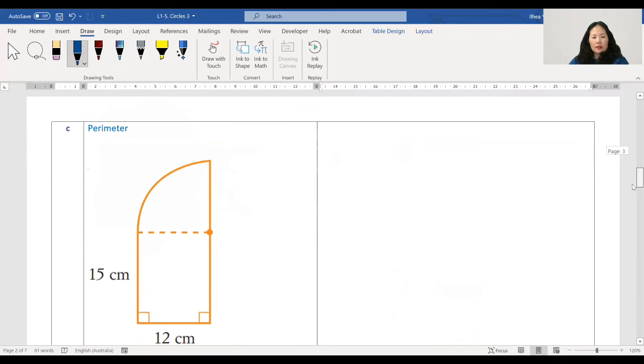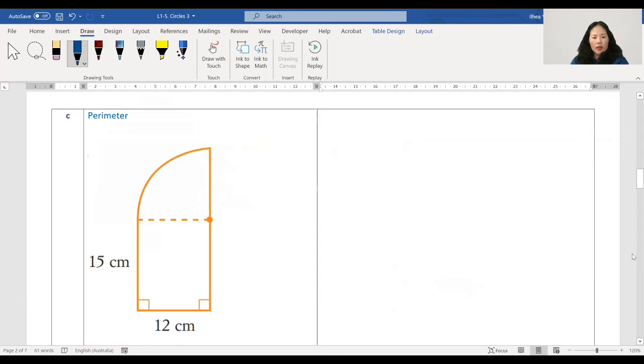Next one, part C. Now this time we're looking for perimeter. That means the distance all around the outside of a shape. Let's have a look at the number of sides we've got. Okay, so I'm going to count it from where all the values are. 1, 2, 3, 4, 5.